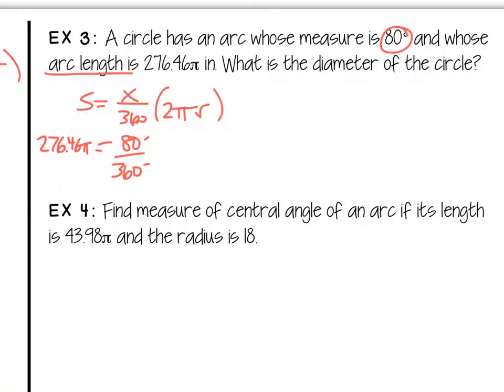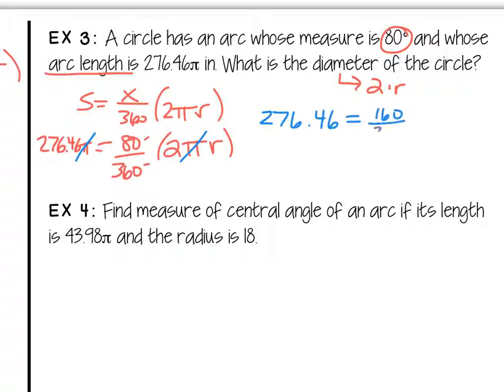All right. What is the diameter of the circle? Well, my formula doesn't have diameter. It has radius. So I need to do 2 times the radius when I solve. All right. So one thing I notice is that I have pi's on both sides of my equation, so I can go ahead and cancel. And then what we're going to do is just simplify all of this and type it in the calculator. So 276.46 equals 160 over 360r. You really don't need to simplify this a whole lot. You have a calculator. I'm just simplifying a little bit.